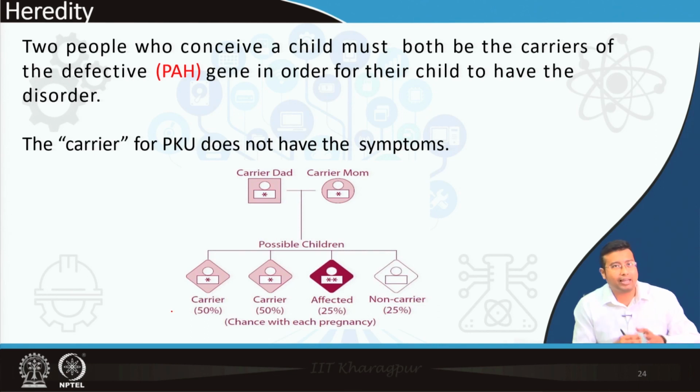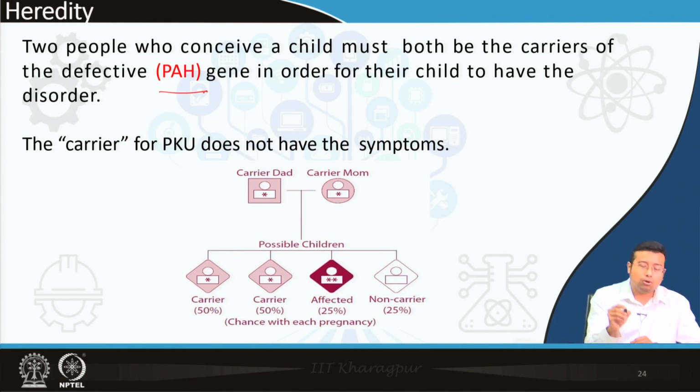Now we are discussing the heredity of phenylketonuria. As I have already discussed, the mutation in the PAH gene is an autosomal recessive condition, meaning the gene needs to be homozygous in order to express; both copies need to be affected.